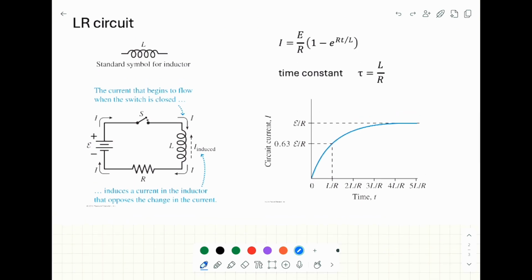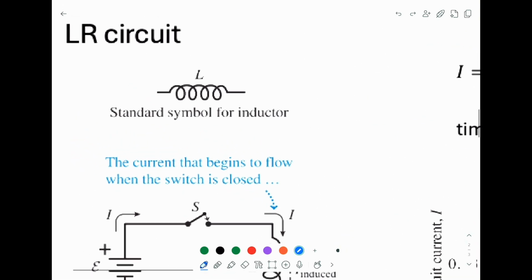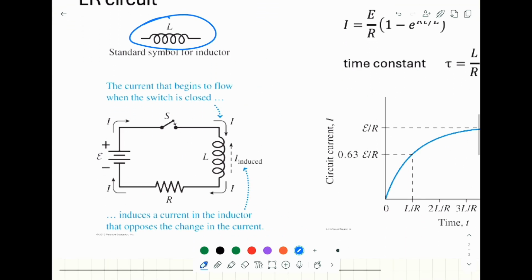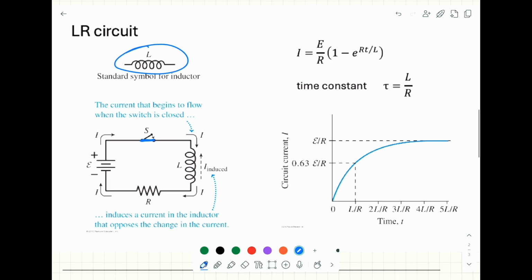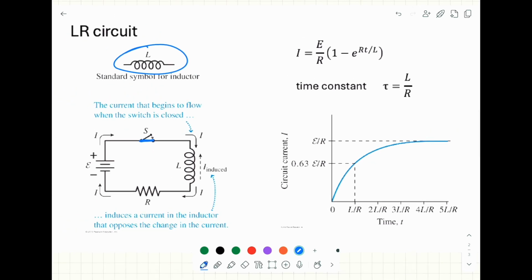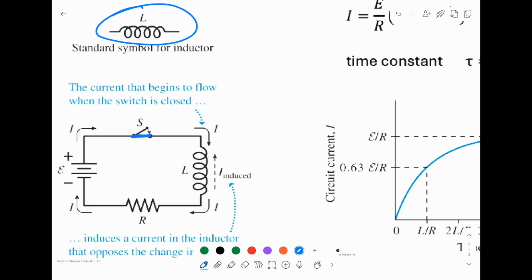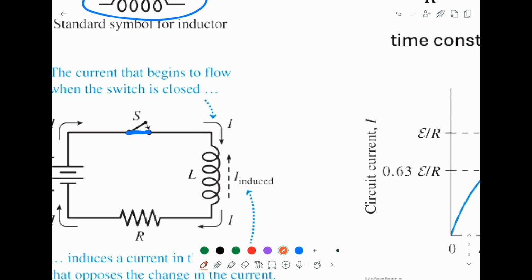In an electrical circuit, L is represented by this symbol here. And if we connect an L with an R and imagine you just close the circuit, you will find the current at the time you close is equal to 0. The reason is when a current tries to flow, it will introduce a magnetic field. And this magnetic field will create a magnetic flux.